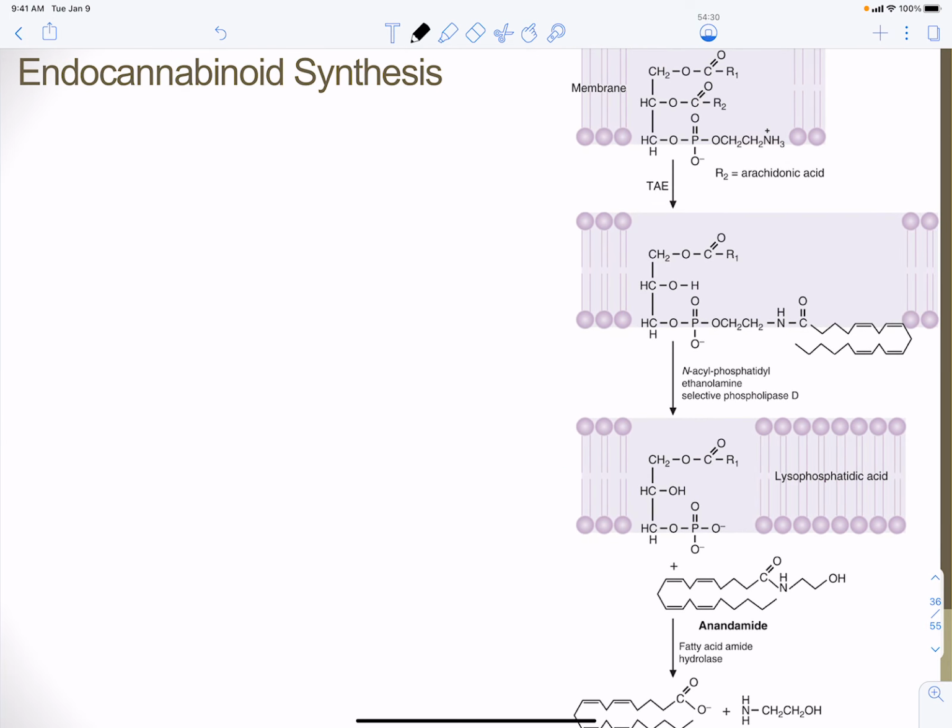We also have endocannabinoid synthesis. These are endogenous ligands, so something that can bind to the cannabinoid receptor, and they're going to be primarily effective in the nervous system. So endocannabinoids are ligands.